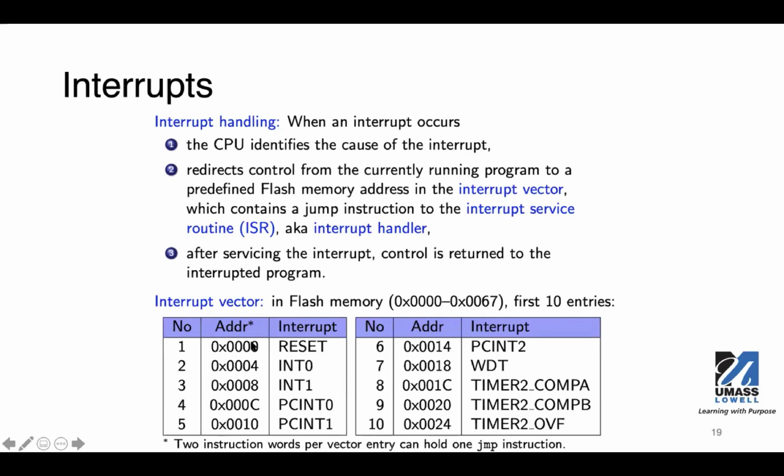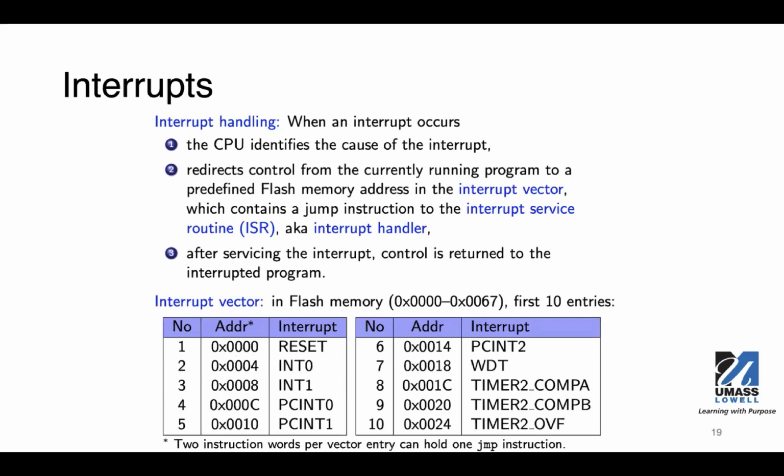And that gives you the possibility to put in the program memory some instructions. And in fact, you will need to put a jump instruction there using these 4 bytes. So let's say you have a reset interrupt. The processor will suspend what's currently executing. It will go to this address 0000. And this is the address in the program memory.